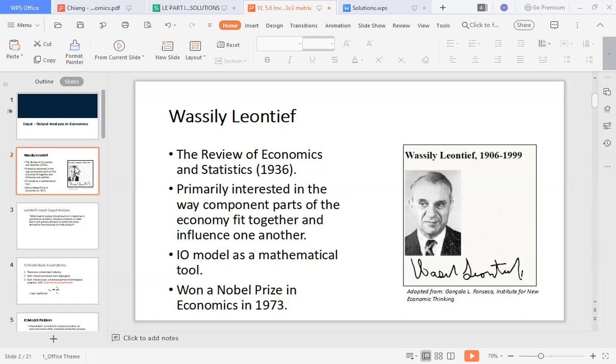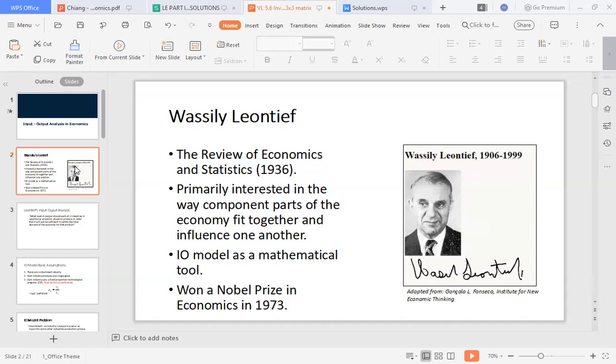Now, Leontief was not particular with solving for equilibrium values, he was not interested in solving for that optimization value, or in doing economic analysis.